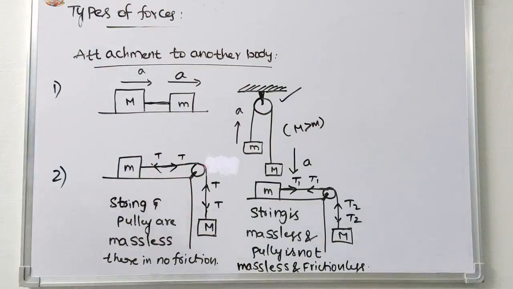That condition is string and pulley are not massless and there is a friction between pulley and string.